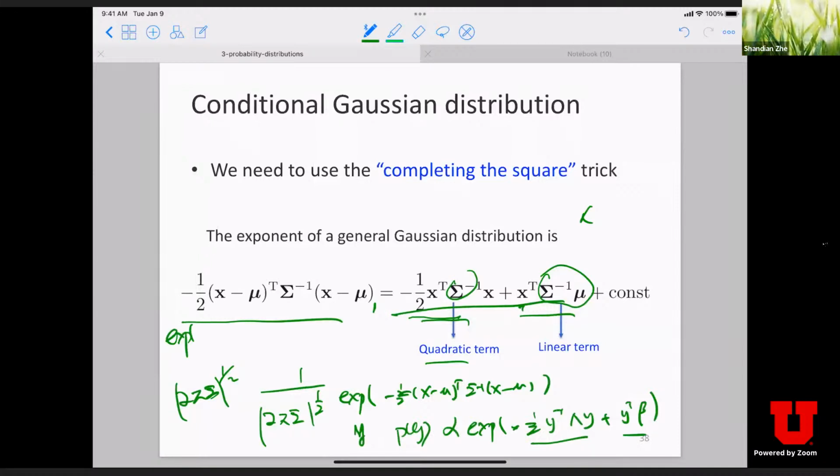Does it make sense? What we need to do is just extract the matrices and also the vector in the quadratic and linear terms respectively, and match them back to the mean and the covariance. That's the so-called completing the square trick.